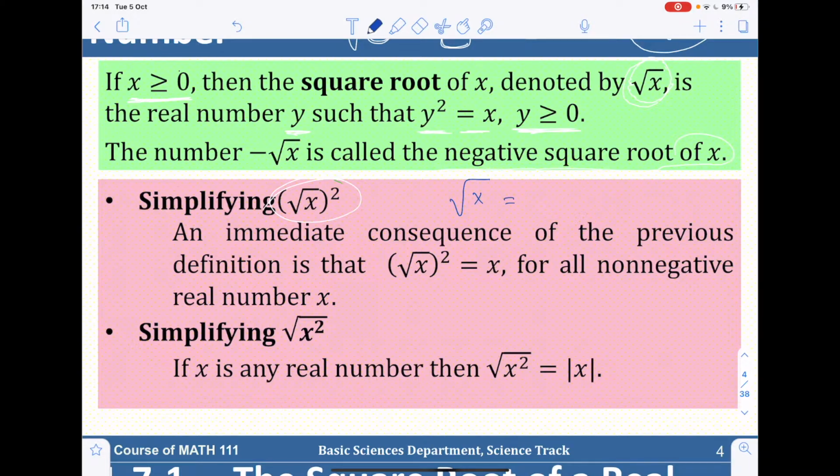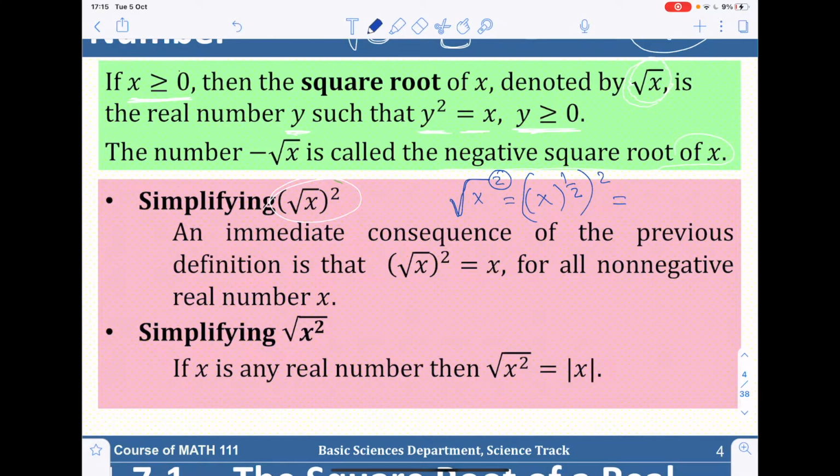So I can write the square root as a power. So here, for the square root of x squared, I can write the square root as 1 over 2. Then I have this 2.